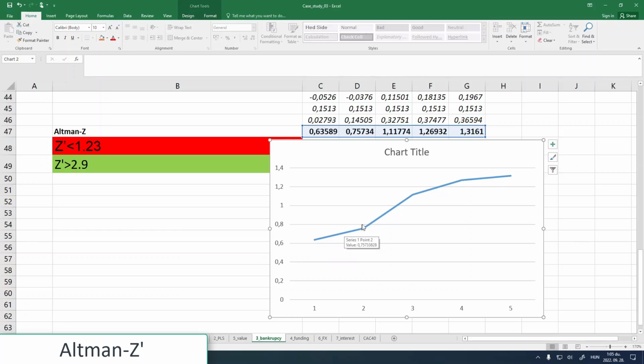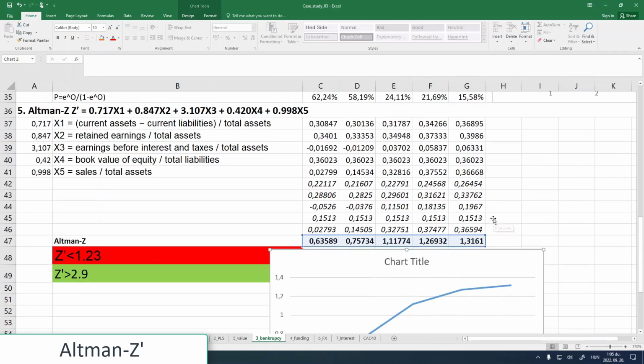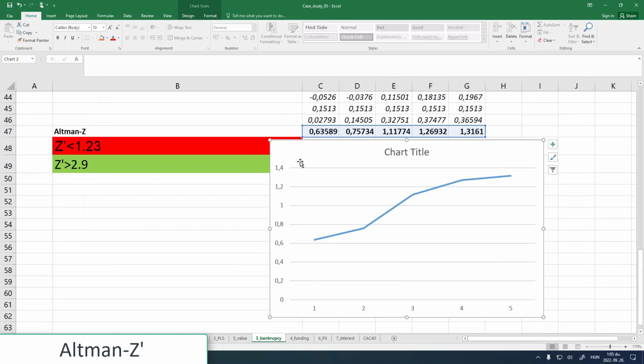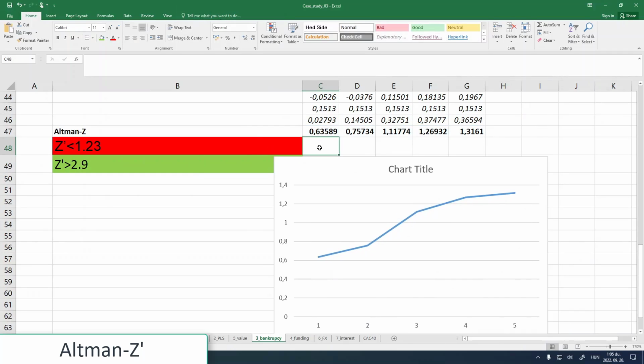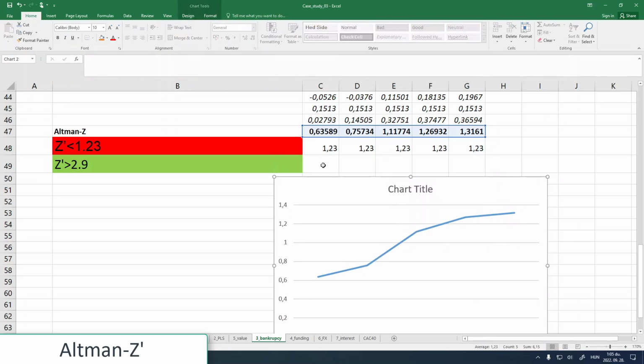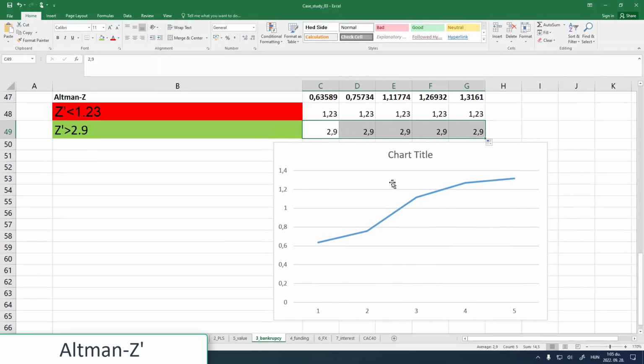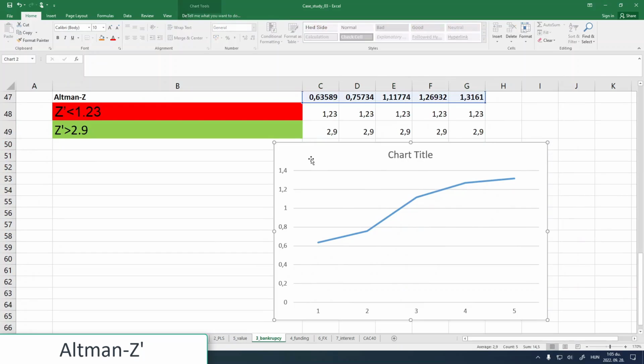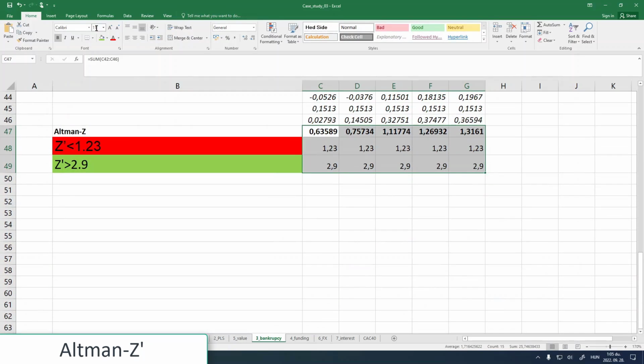So we can say that it is improving, because at least in the 4th year we are above the valley of death, so after that it's higher. Okay, we can make it nicer by saying, let's define 1.23, and in a different row 2.9, and let's add all 3.